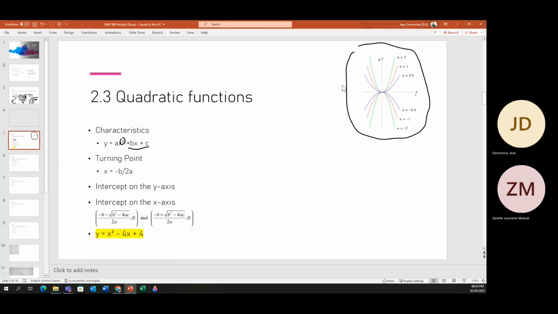The intercept for the y-axis is, as with the linear one, the c value.